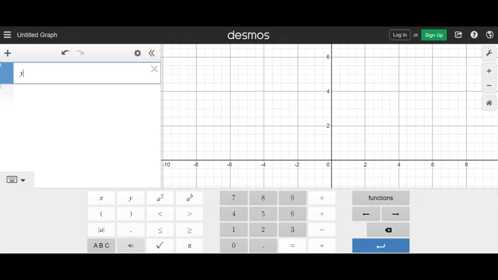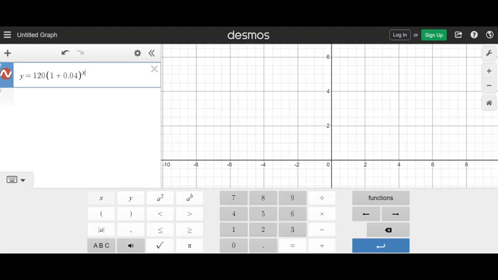So we had y was equal to 120, and then in parentheses we had 1 plus 0.04. And we had it raised to the 12th power, but for right now, I'm just going to put in x.